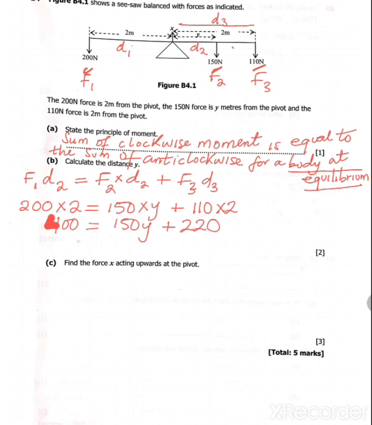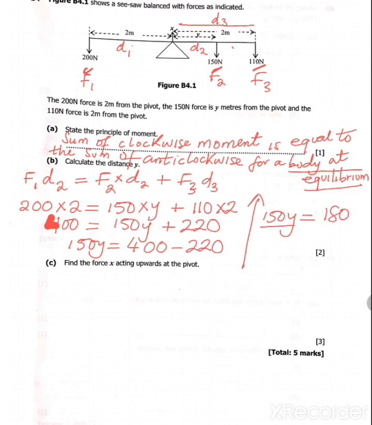Once that is done, we're going to have 150y is equal to 400 minus 220. 400 minus 220 will give us 150y is equal to 180.